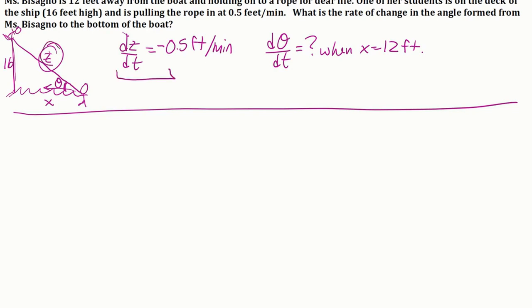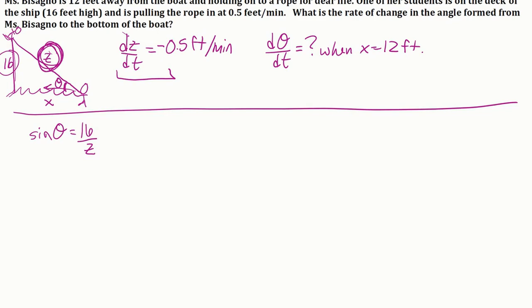So I definitely want to use my z, so I want to use either cosine or sine. And I kind of want to use the 16 because that's not changing. The derivative of 16 will just be 0, so that makes things easier for me. So I'm going to go ahead and use sine. So sine of theta, SOHCAHTOA, so sine is opposite over hypotenuse.